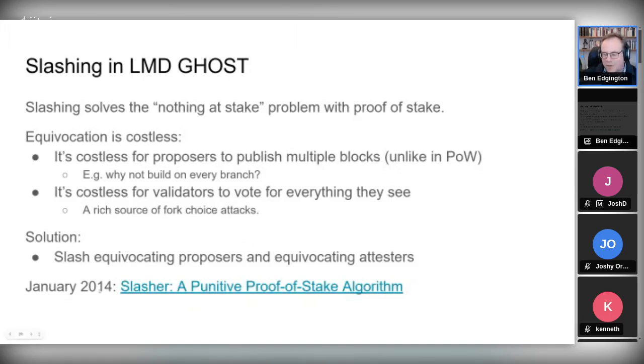Vitalik proposed this in, unbelievably, January 2014 with Slasher. We don't really use any of the Slasher mechanisms now, but the idea that you can punish stakers for bad behavior solves the nothing-at-stake problem and actually made proof of stake a viable approach to fork choice.